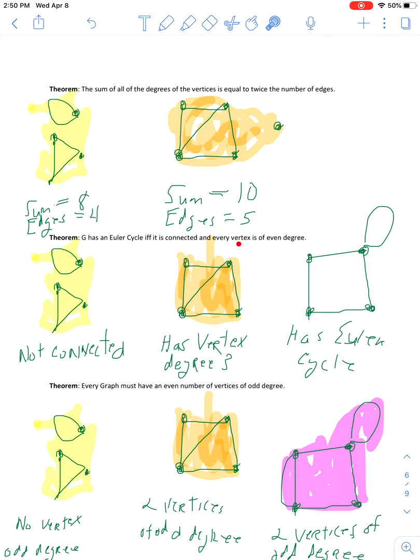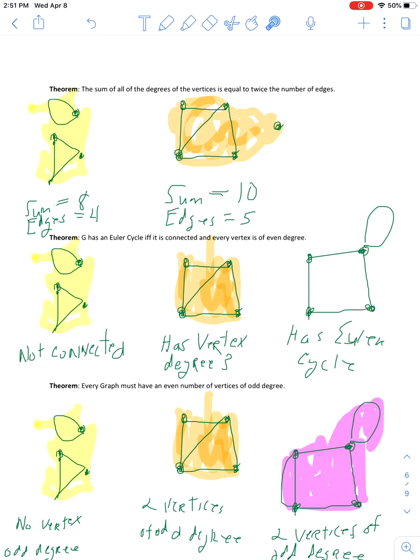Okay, now why must each vertex be of even degree? Because if I have an Euler cycle that connects all the vertices, then every time I go into a vertex, I also have to go out of a vertex.